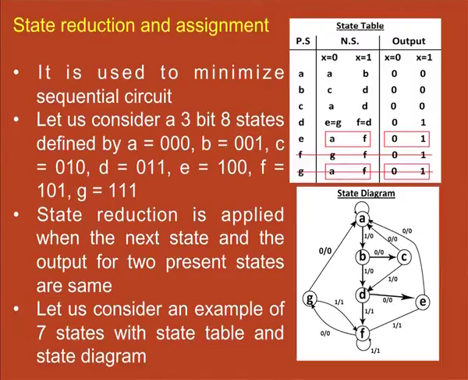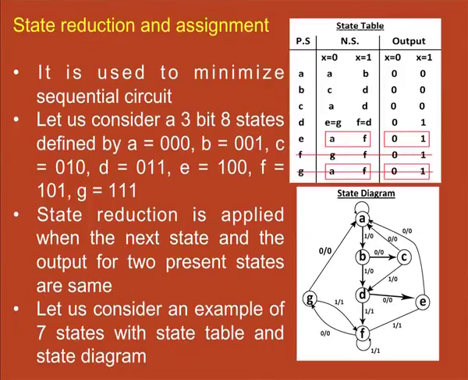In this example, we are considering 7 states, and the corresponding state table is shown in this slide, where we have 7 states assigned A, B, C, D till G, and the other 2 columns represent the next state and the output corresponding to the input value of x equal to 0 and x equal to 1. And here we have also shown the corresponding state diagram with the 7 states.